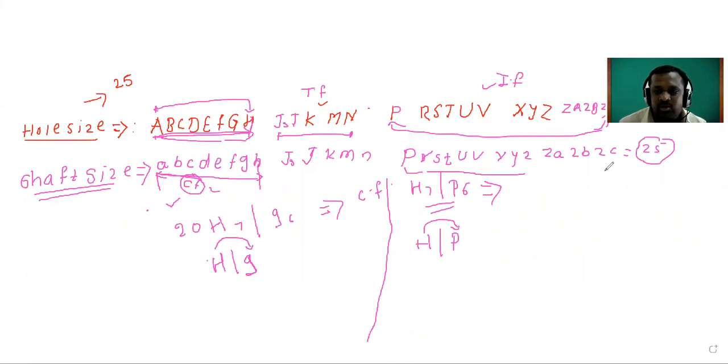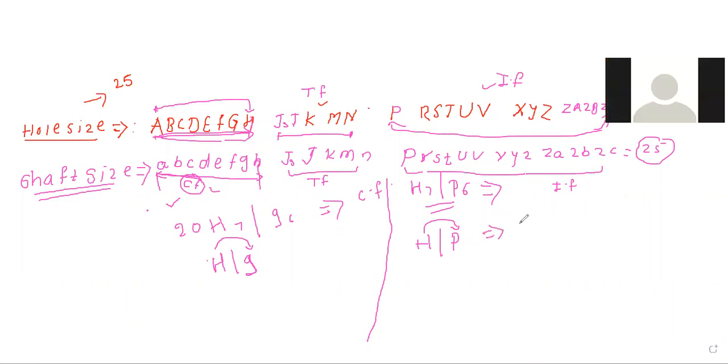Small p to zc again indicates the interference fit, and small g to n indicates the transition. Then tell me what is the type of this fit? Interference fit.